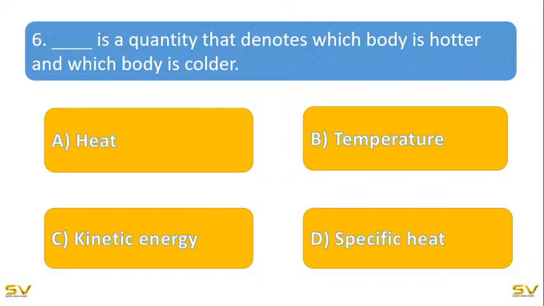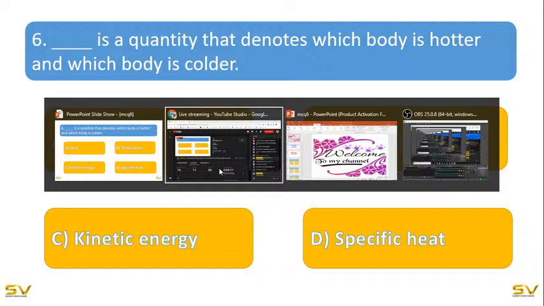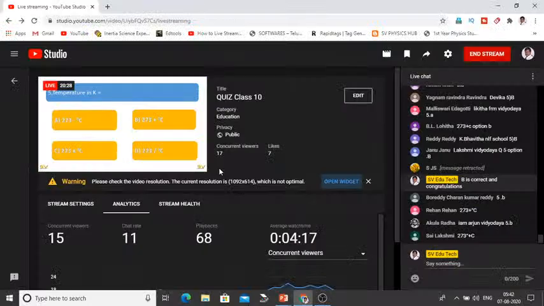Just think about it. If you think, then definitely you will answer it. So which is the correct answer?